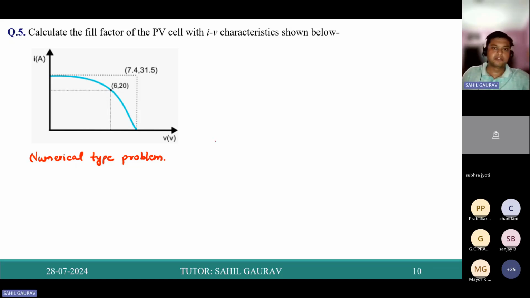So we know that fill factor is the ratio of the maximum power coming through this solar PV cell upon the ideal maximum power that solar PV can deliver, that is VOC into ISC.